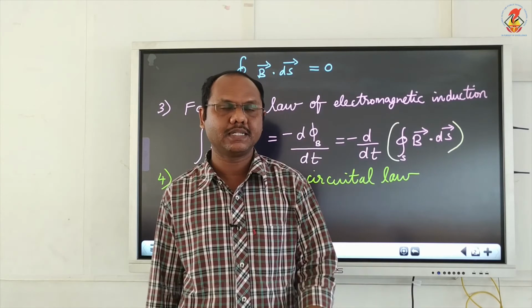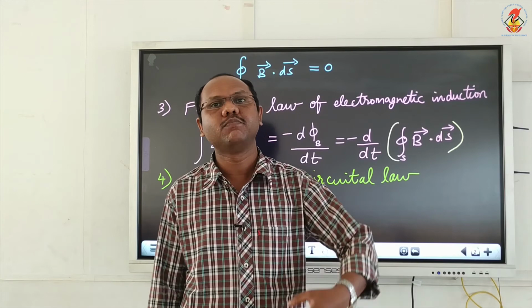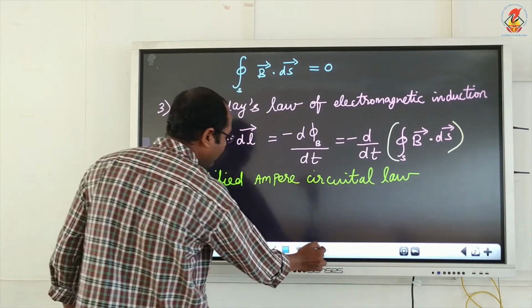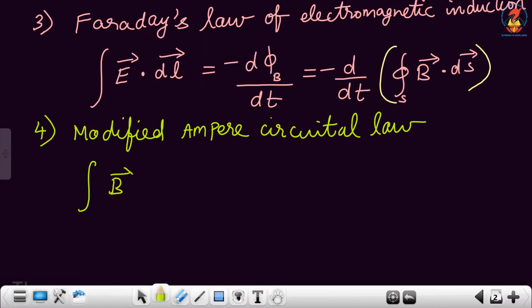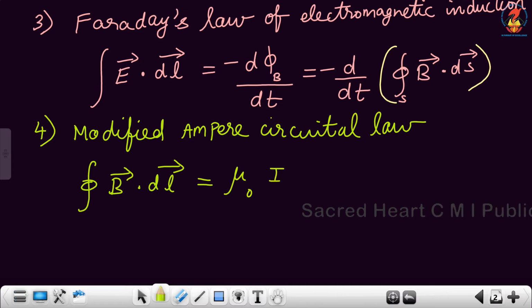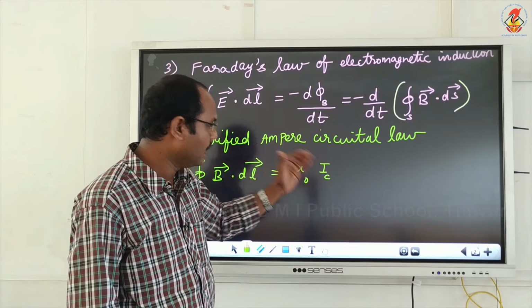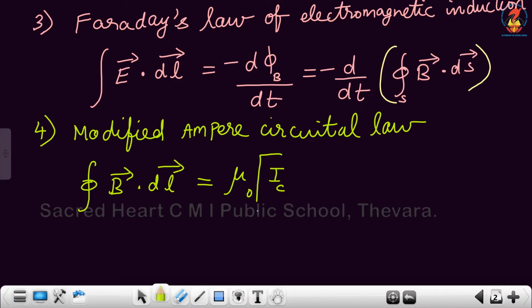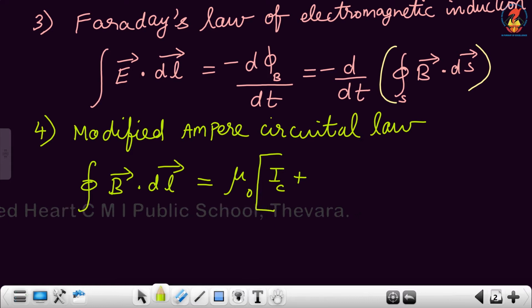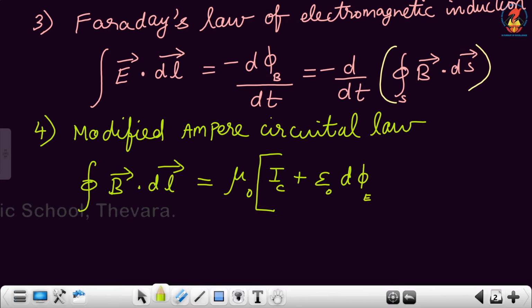Taking that into consideration, Maxwell modified Ampere circuital law like this: integral B dot dl over any closed loop is equal to mu 0 into I. Usually we studied integral B dot dl is mu 0 I, but now Maxwell modifies this as mu 0 into (IC plus epsilon 0 d phi E by dt).